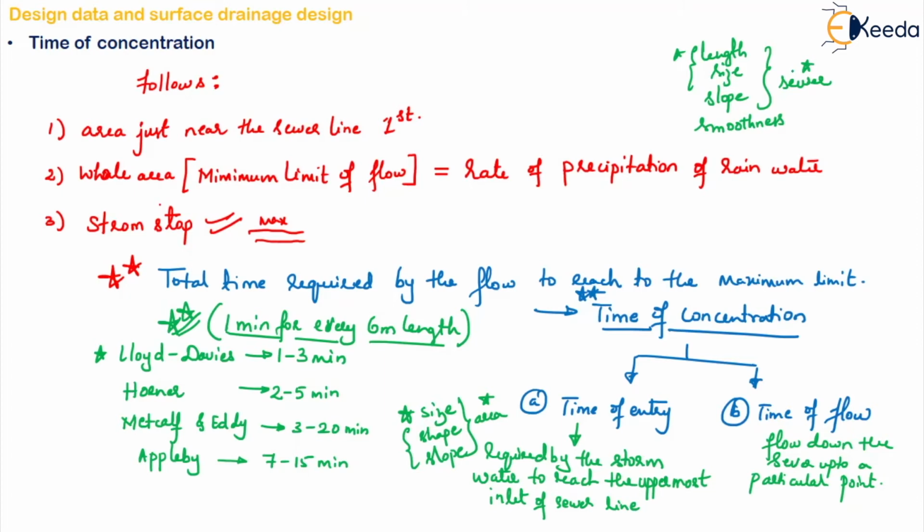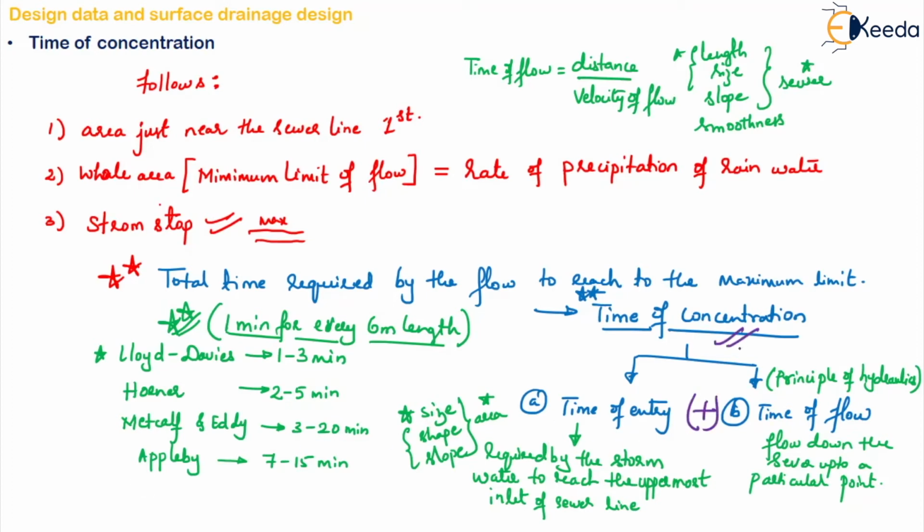So the time of flow can be easily determined by applying the principle of hydraulics. If the velocity of the flow and the distance are known, the time of flow will be equal to the distance to be traversed divided by the velocity of flow. Normally the addition of the time of entry with the time of flow will give us the time of concentration.